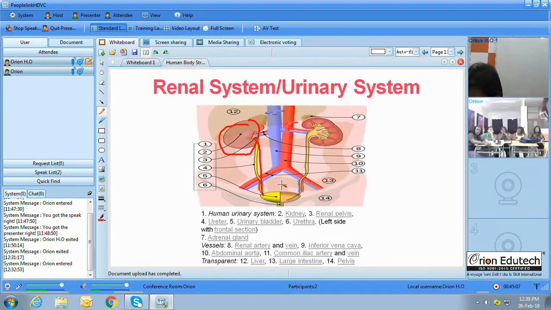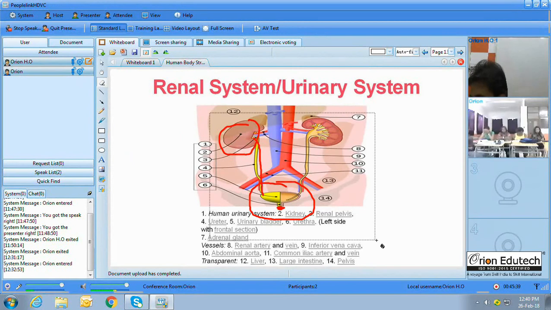This is the urinary bladder, and this end part is the urethra, which runs from the urinary bladder to the exit. The exit is where the waste products of our body, like stool and urine, leave. Okay, did you get it? Okay, sir. Thank you.